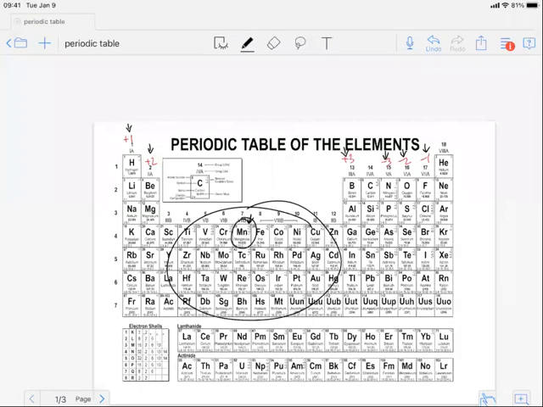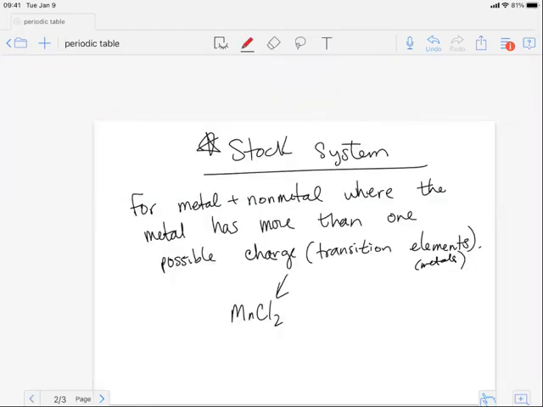So again, you come back here, you find chlorine. Chlorine is in this group. So chlorine has a charge of -1. But there are 2 of them for every 1 manganese. So if I take -1 and multiply it times 2, I get -2.